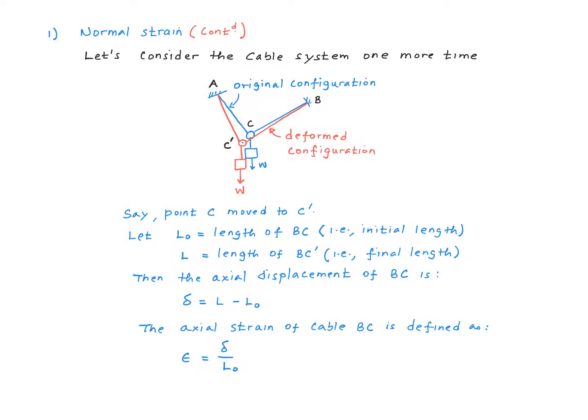The axial displacement of BC would then be L minus L naught, and the strain in the cable BC would be delta over L naught, where delta is L minus L naught. So this is the normal strain in cable BC, and similarly you can calculate the normal strain in cable AC and cable from C to W.